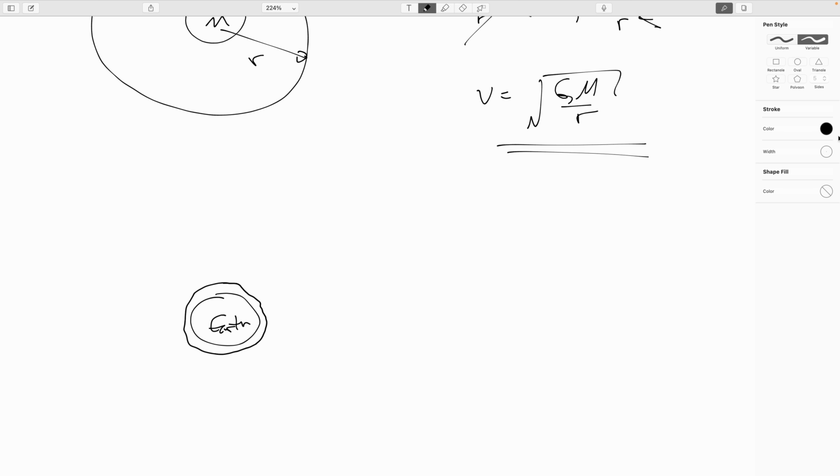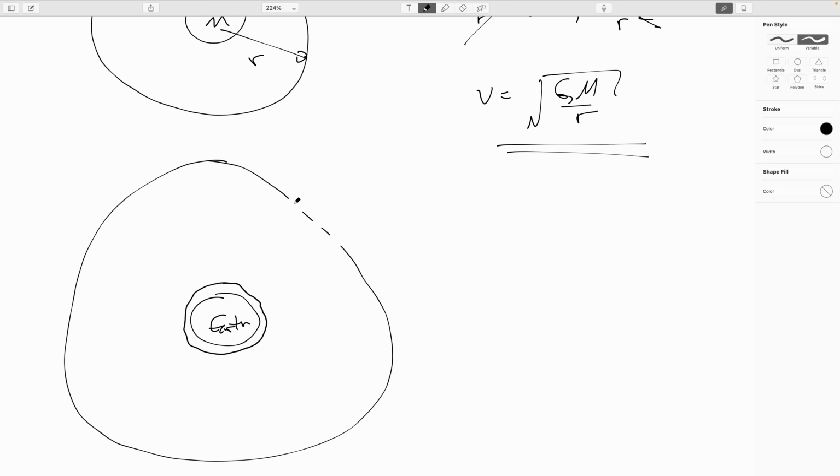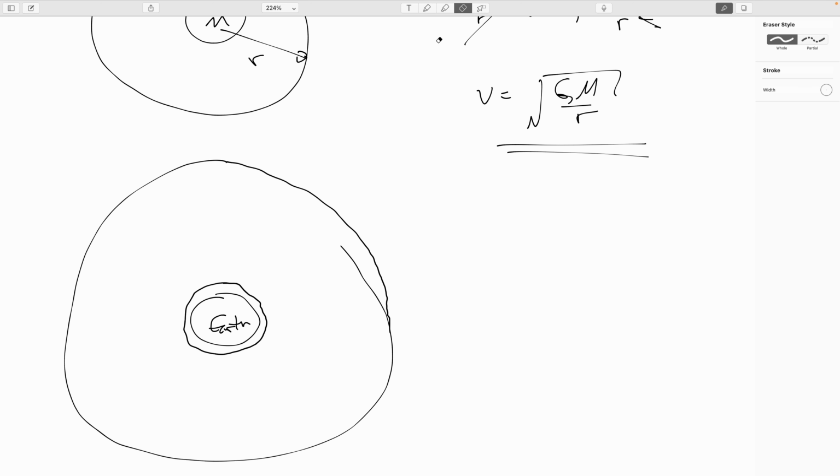Now, you want it ultimately to be in a much bigger orbit, but you don't want to waste any energy. So the idea is when you do your burns, you want them to be going tangent to the path that you would like to end up with. So the usual trick is to do what's called a Hohmann transfer orbit.